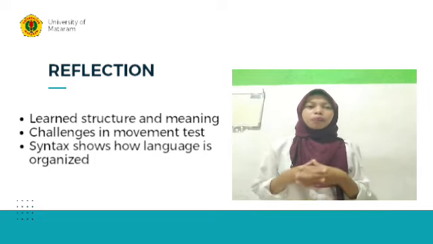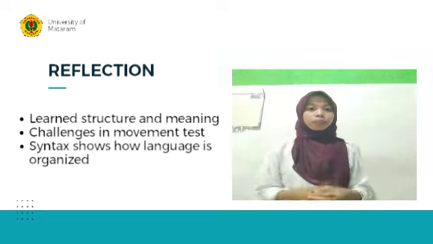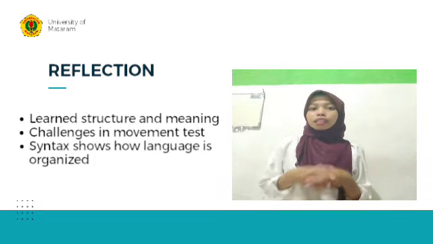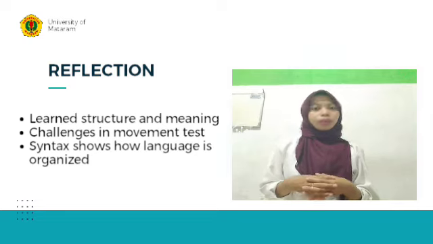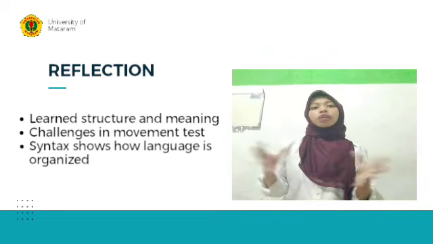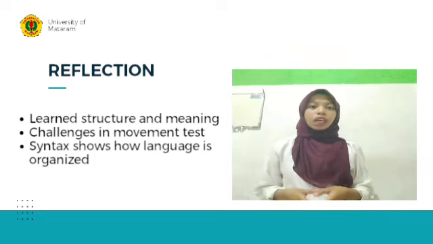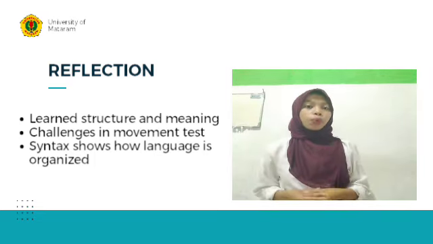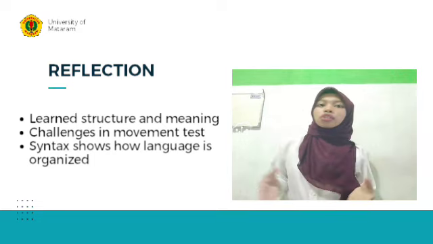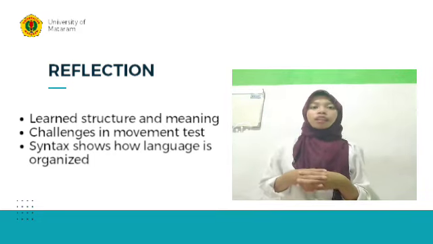The hardest part was analyzing constituents and applying movement tests, because sometimes the results were grammatical but sounded strange. Overall, this project helped me see the hidden structure of language. Syntax analysis teaches us how words combine, how meaning changes with structure, and how language expresses thoughts clearly.